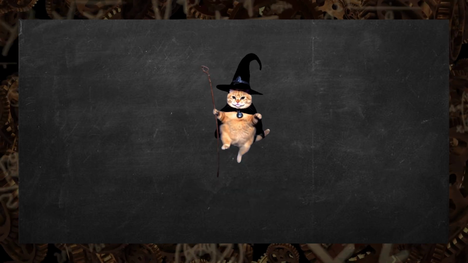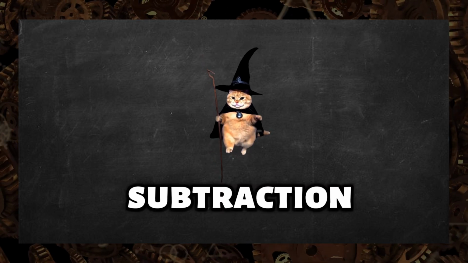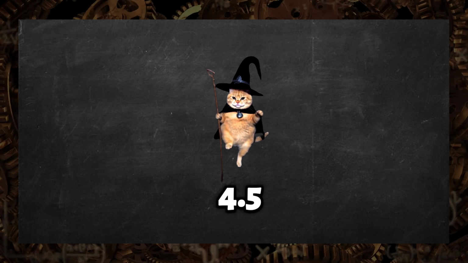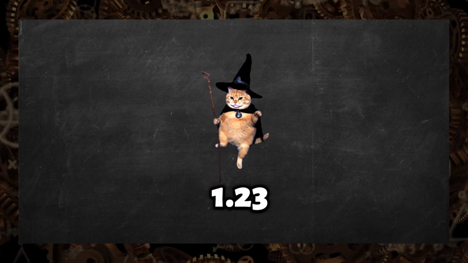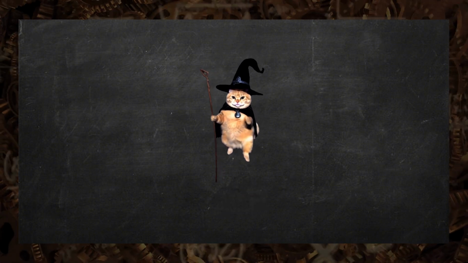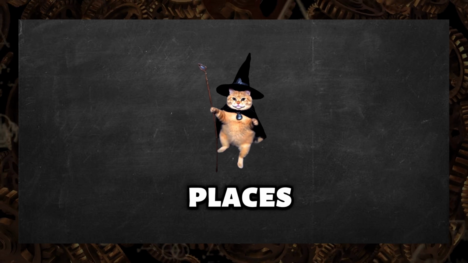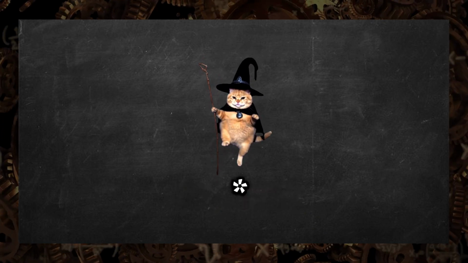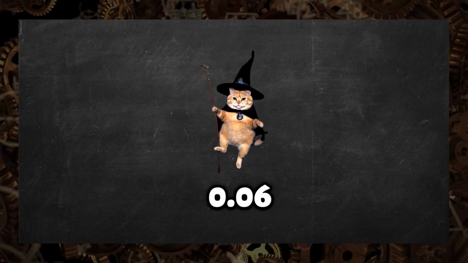In decimals, operations align points for addition and subtraction, such as 1.23 plus 4.5 equaling 5.73 after aligning to 1.23 plus 4.50. Multiplication ignores points initially, then places based on total decimal digits, like 0.2 times 0.3 equals 0.06.